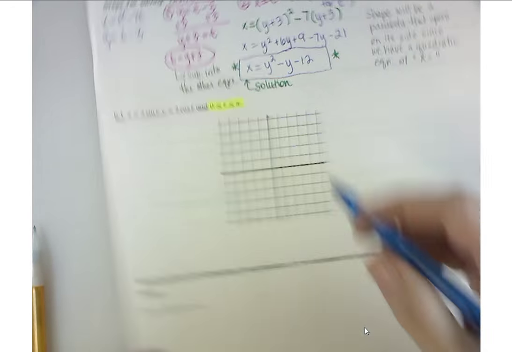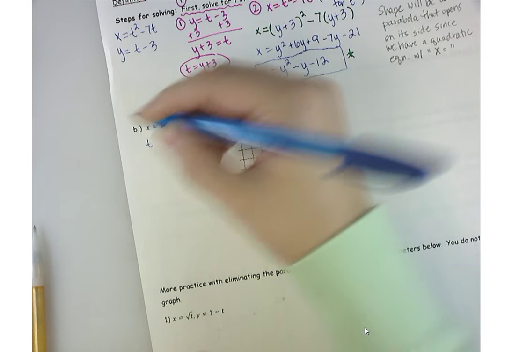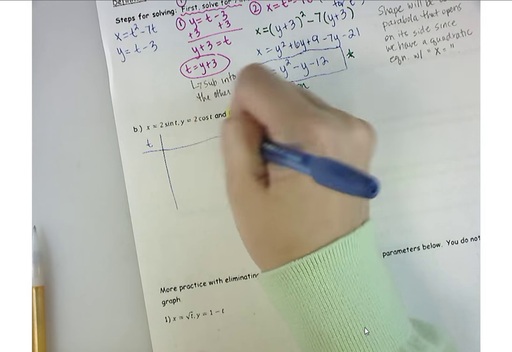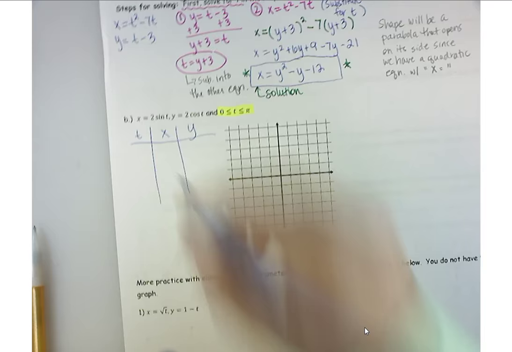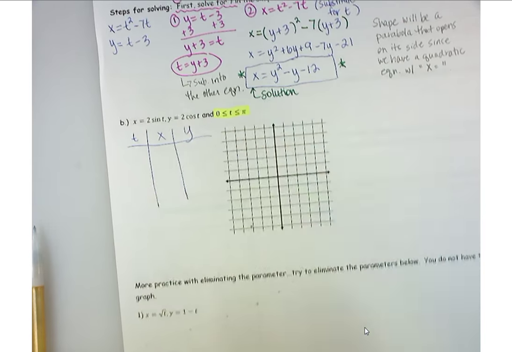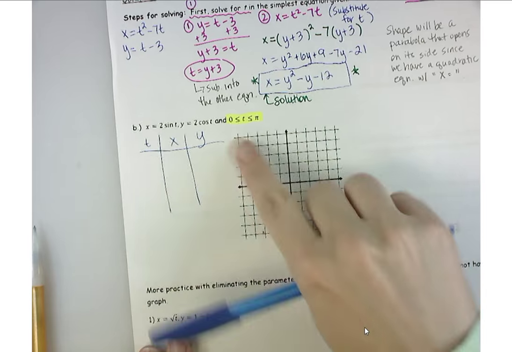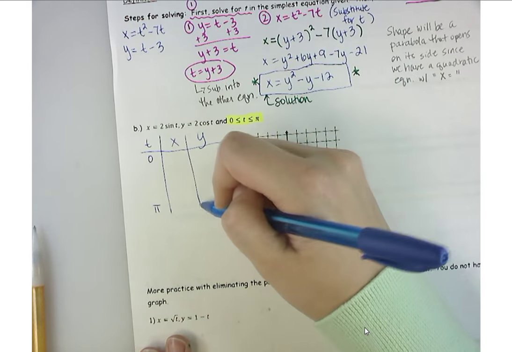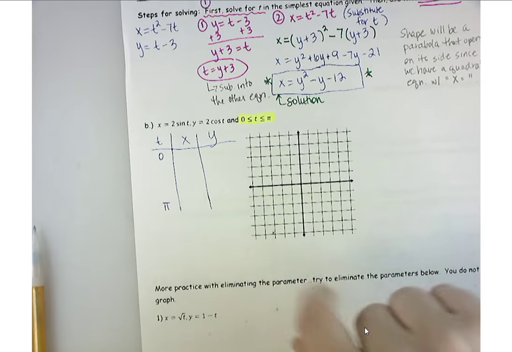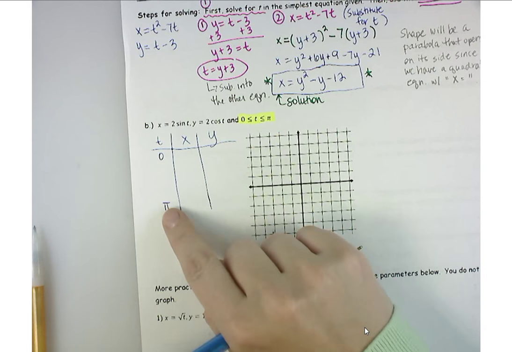Okay, so again, we're going to have our 3 columns. Our t, our x, and our y. And I said at the very least, you have to start with your min and end with your max. Now you can decide what intervals you want to use.